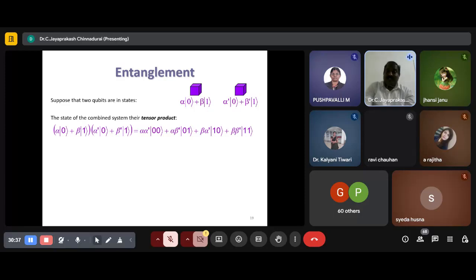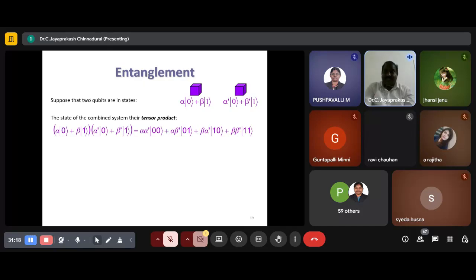That is alpha alpha dash ket 00 plus alpha beta dash ket 01 plus. You can easily understand: first you multiply alpha ket 0 with the other term, alpha dash ket 0, so we get alpha alpha dash ket 00. Take the second term, alpha ket 0 multiplied with beta dash ket 1, so we have alpha beta dash ket 01.